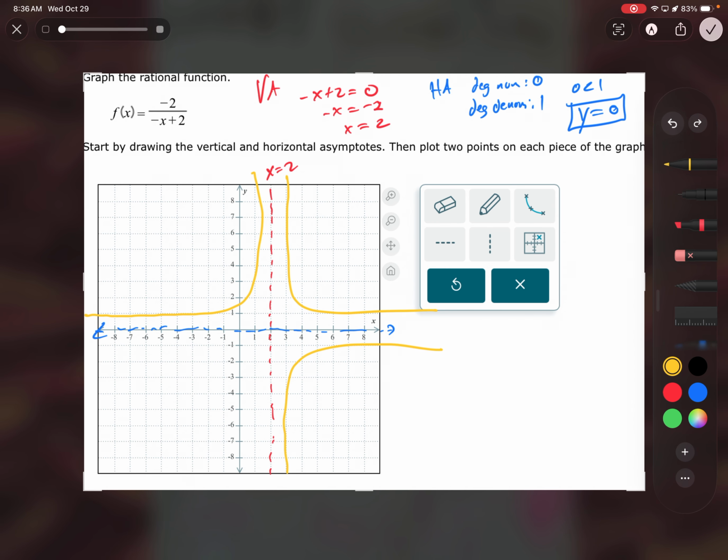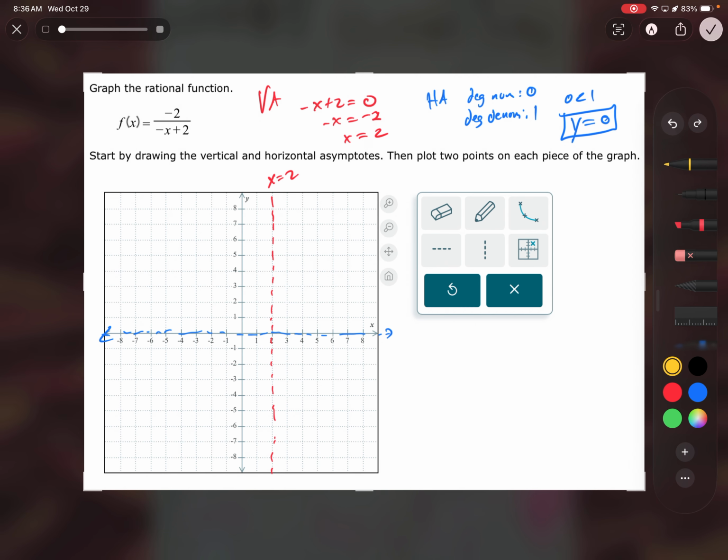So now what I have to do, and it tells you in the directions, start by drawing the vertical and horizontal asymptotes, then plot 2 points on each part of the graph. So what you need to do is plug in 2 points to the right of the vertical asymptote and 2 points to the left, okay? So base everything on that vertical asymptote.